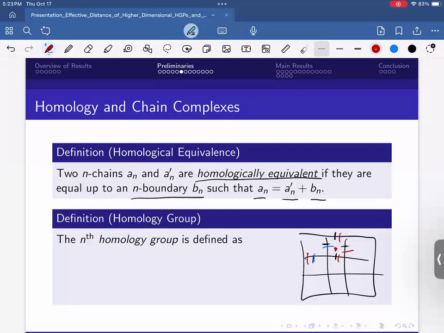Because when you add the blue lines and the black lines together, it gives you the red lines. When there are two lines on the same edge, they cancel out. So we say that the red chain and the blue chain are homologically equivalent.